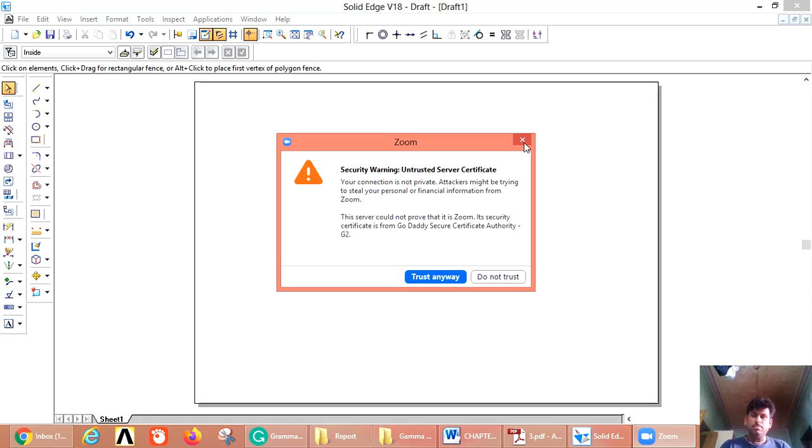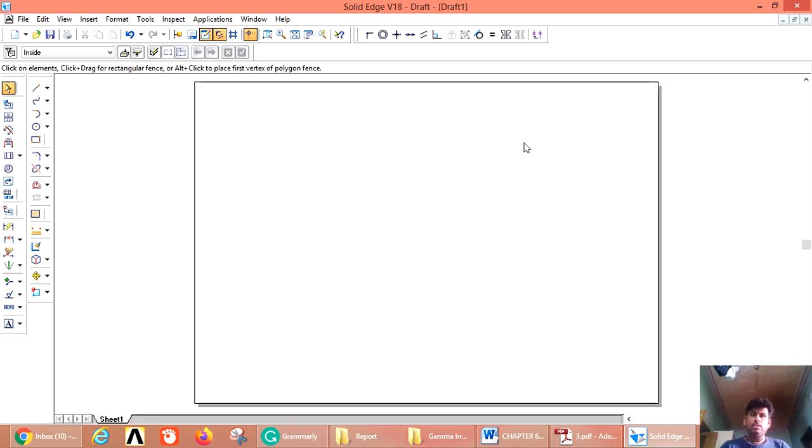Next, for 30 degrees it dwells, and for the next 60 degrees of rotation of the cam, the follower will move from its highest position to the lowest position. In the remaining angle it will dwell.